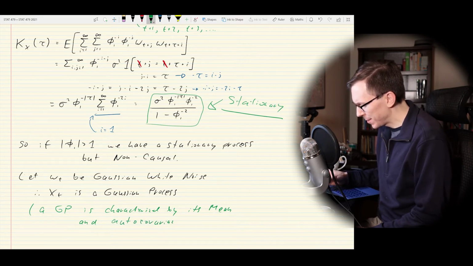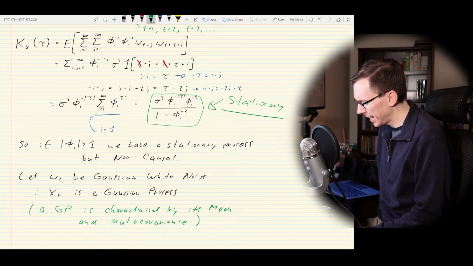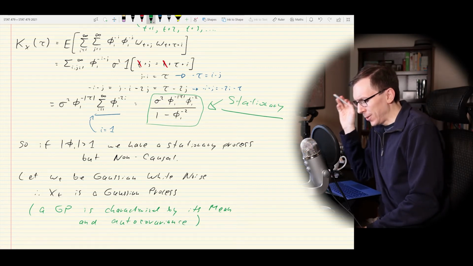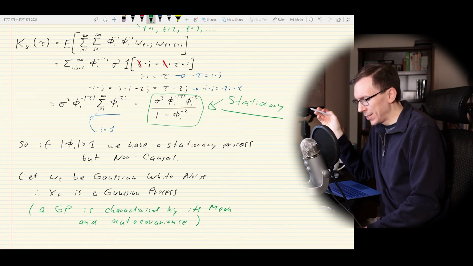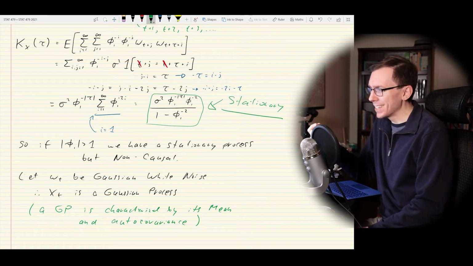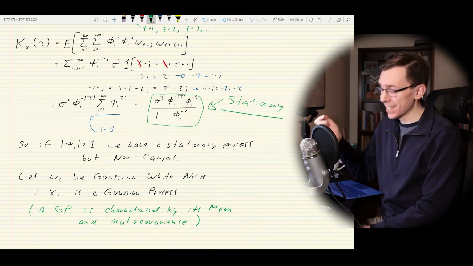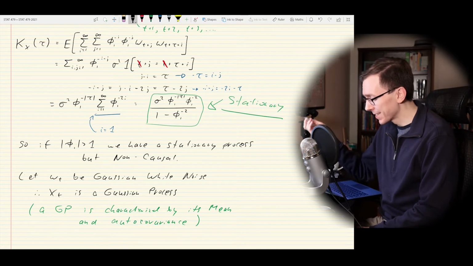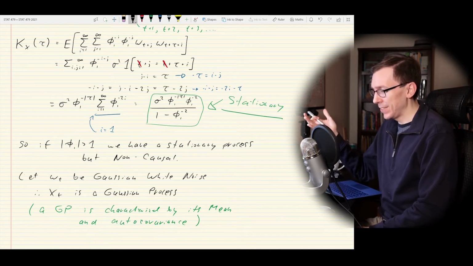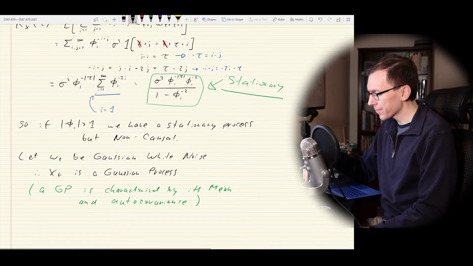The Gaussian process is quite nice in this case because once you know what the mean is and you know what the autocovariance is, you know what your Gaussian process is. You're kind of done. You don't need anything else.